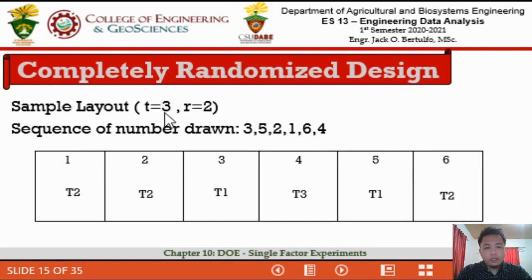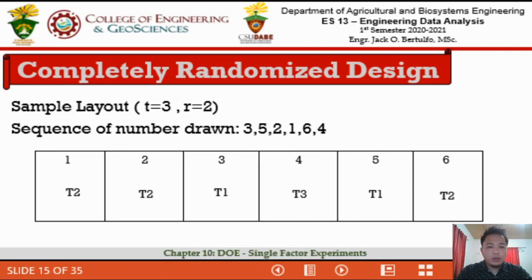We have 3 treatments multiplied by 2, so you have 6 experimental units. This sequence of numbers is just one way of randomization.